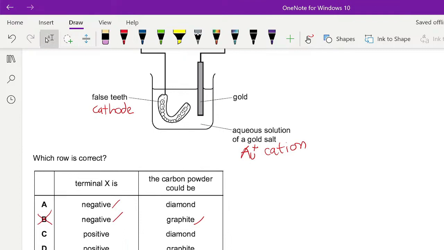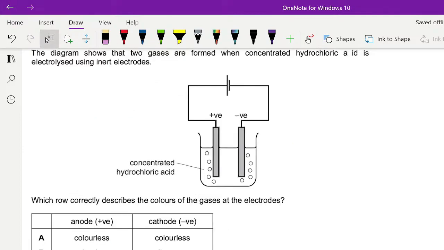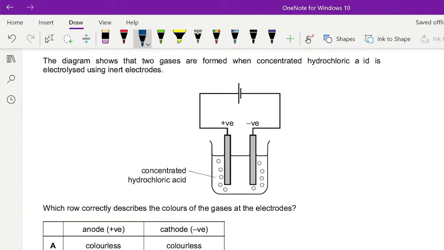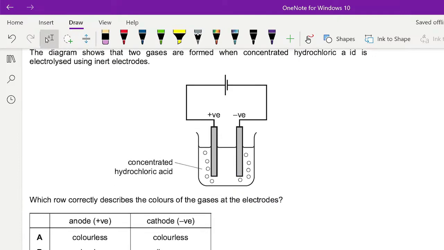Two gases are formed when concentrated hydrochloric acid is electrolyzed using inert electrodes. Which row correctly describes the color of the gases? Again, we list down all the ions: H plus, Cl minus, and OH minus. Because we have water, we have H plus and OH minus. We also have hydrochloric acid, so H plus and Cl minus.